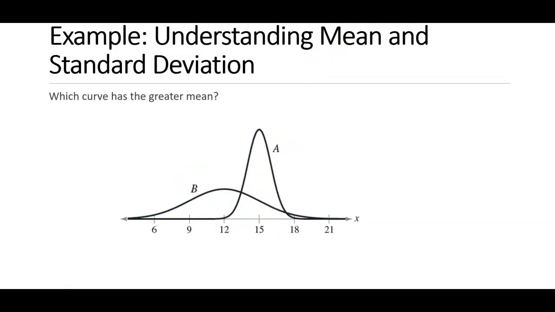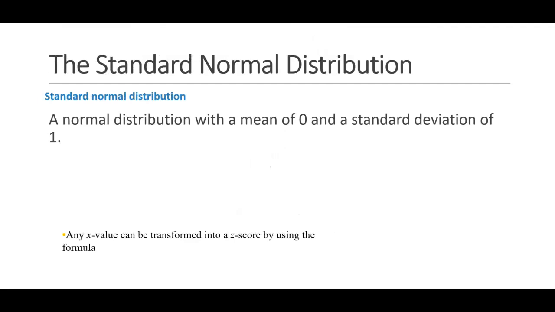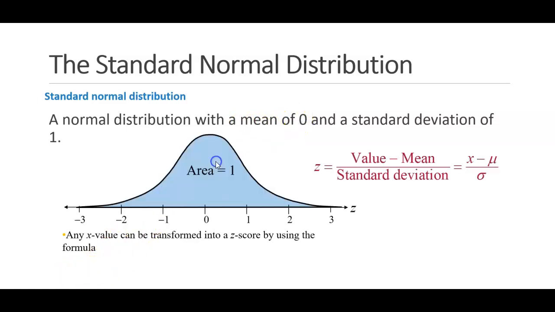All right, let's look at the next one. The standard normal distribution is a normal distribution with mean 0 and standard deviation 1. What does that mean? In the previous slide, we saw a normal distribution, which means I can have any mean and any standard deviation.